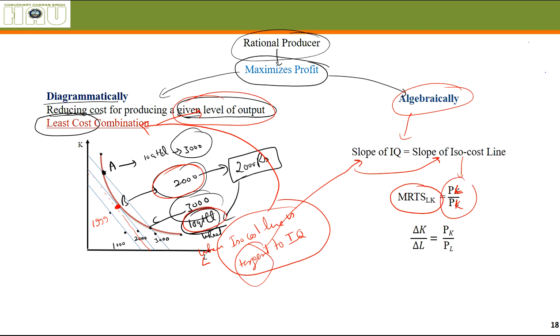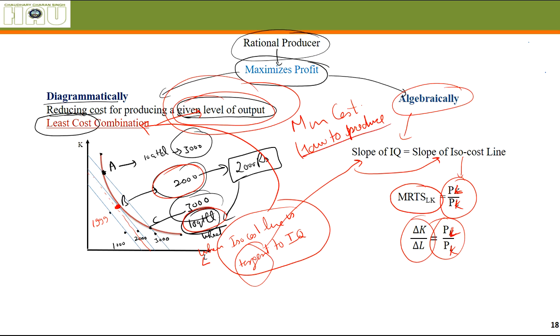So it should be equal, and it can be written in this way: delta K by delta L should be equal to the price of labor by price of capital. So this is how we get to know how we should produce a given level of output at minimum cost.